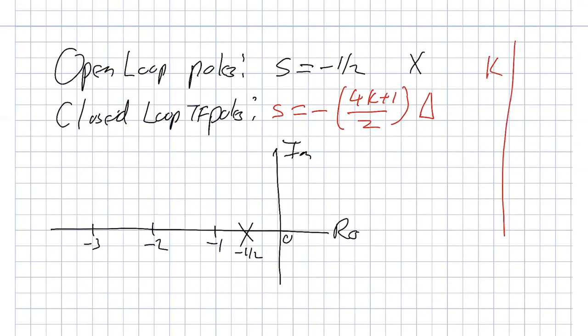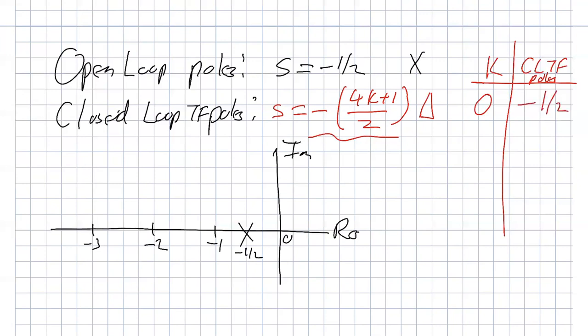So we have k equal to 0. Just plugging into this equation right here, we have a pole basically at minus 1/2.